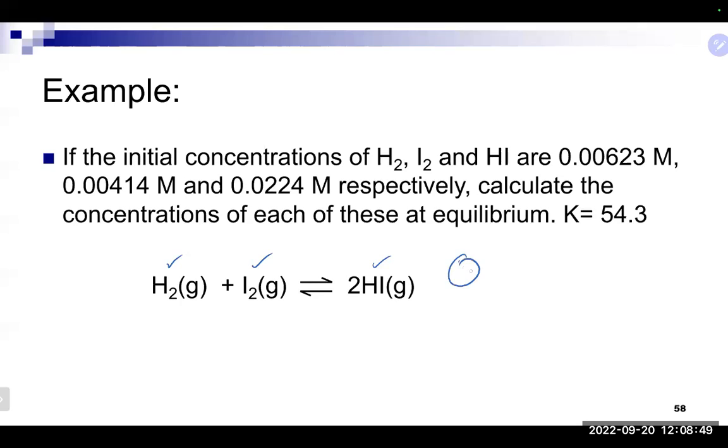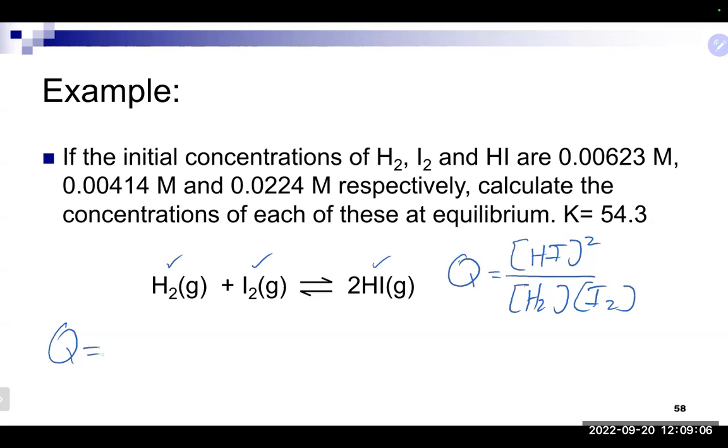If we did calculate Q, once again, it would be calculated the exact same way as we would do K. It would be the concentration of HI squared divided by H2 and I2. Here we would put in our values. So that would give us Q is equal to HI, which was 0.0224. We'll do a little squaring.